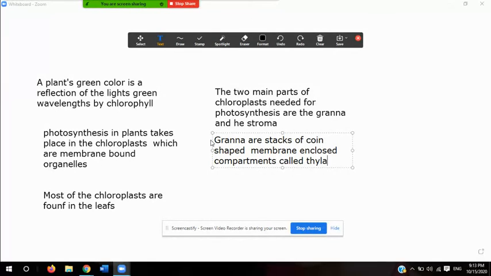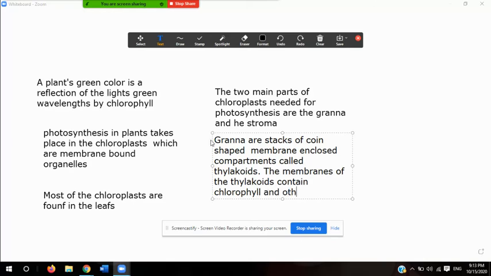And the membranes of the thylakoids contain chlorophyll and other light absorbing molecules.